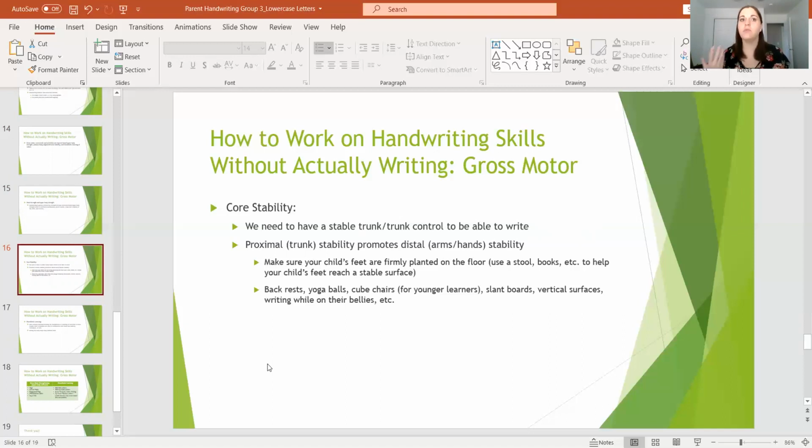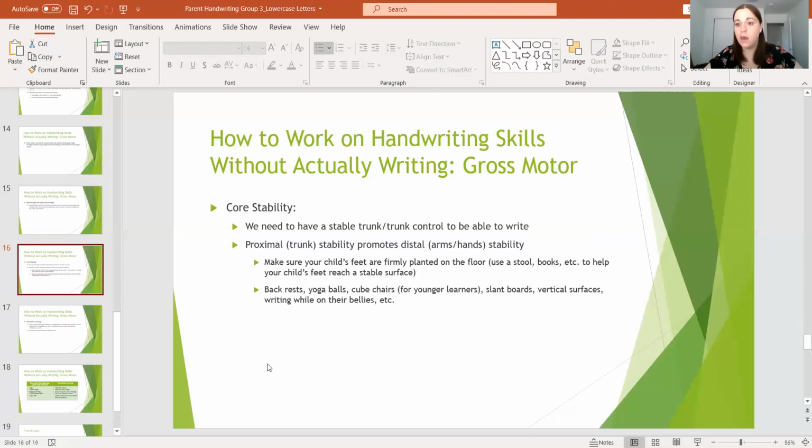Their feet aren't able to help them with that stability component. So we want to make sure our kiddos have their feet firmly planted on the floor, which is why a kindergartner's desk is not the same as a middle schooler's desk, because it's a lot shorter. They are able to put their feet on the floor. That wasn't an accident. It's not just based on their size. It's also based on trunk control and making sure that they're able to reach the floor.